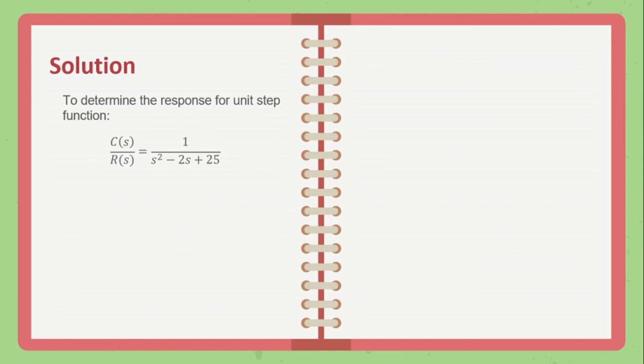To calculate the unit step response function for number 4, we will be utilizing the transfer function which was derived earlier, which is C of s over R of s equals 1 over s squared minus 2s plus 25. Since it is an input of a unit step function with R of s equal to 1 over s, substituting it into the transfer function gives us this equation: C of s equals 1 over s times s squared minus 2s plus 25.